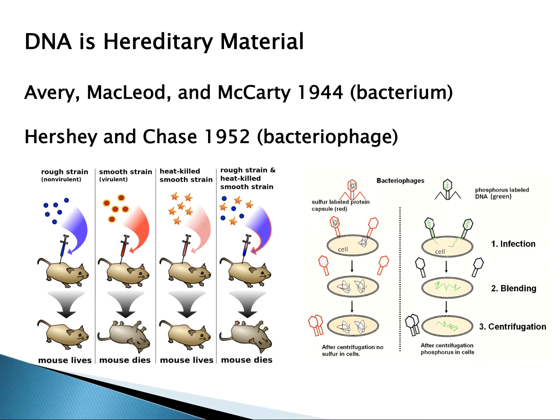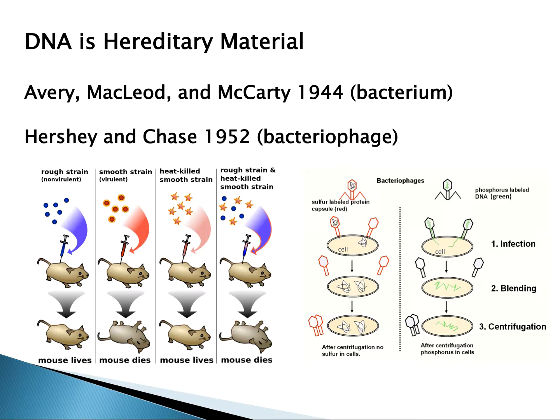Up until the 1940s, although it was known that the chromosomes carried the hereditary material, it was not known whether it was the DNA or the proteins attached to the DNA that were the hereditary part of the chromosome.